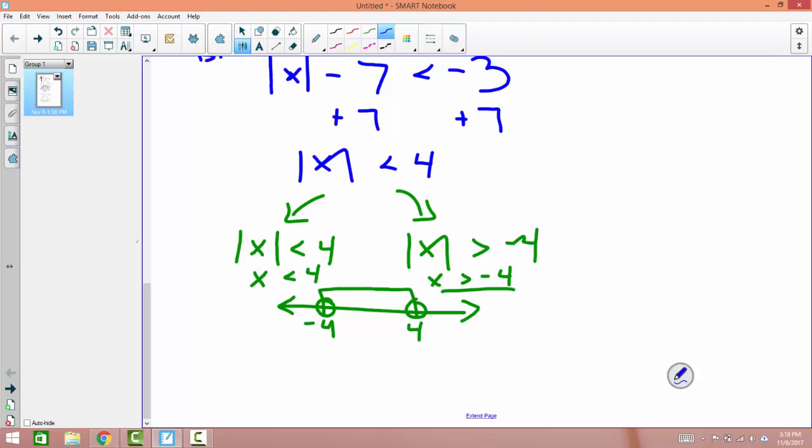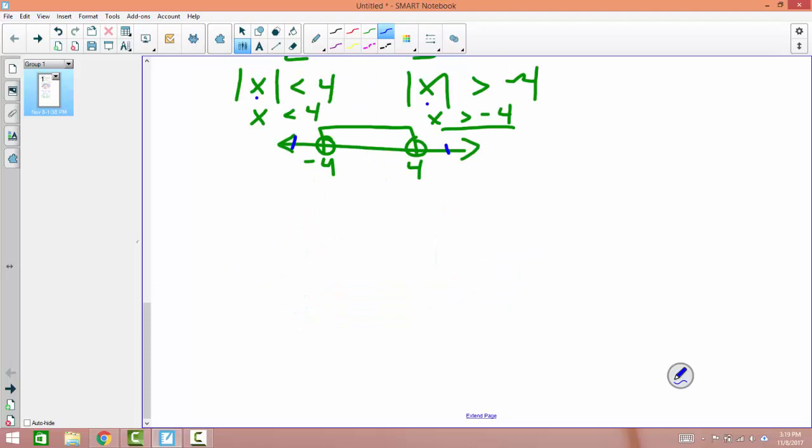Again, you may want to quickly test to make sure that 5 doesn't work. 5 is not less than 4, so it doesn't. You can check with the negative one as well, and it doesn't. So this is the graph. It stops at both the negative 4 and the 4. So now we know this is an and, so you could write this individually. I'll go ahead and put the negative 4 first since we're going to write it compound.